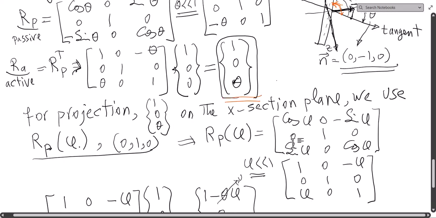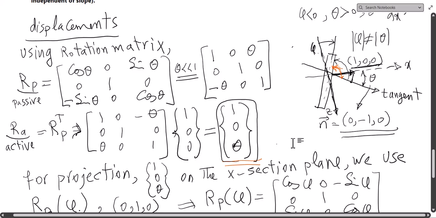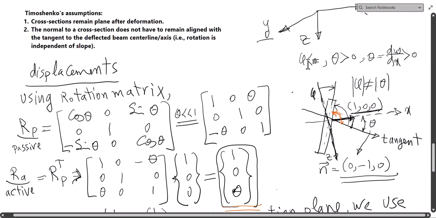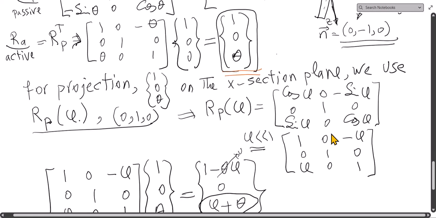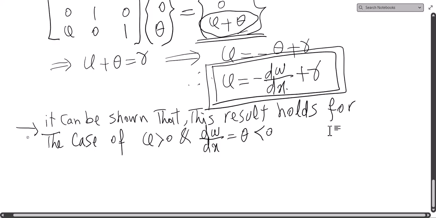Now you might say that, okay, here you assume a case where phi is negative, theta is positive. How about phi is positive and theta is negative? So basically, this plane will rotate counterclockwise, and in some location of the beam that could be the case.